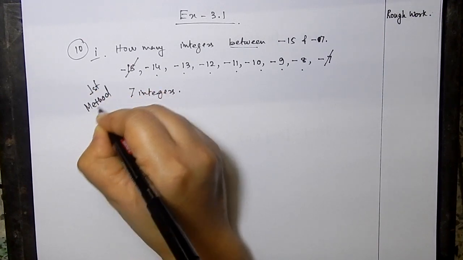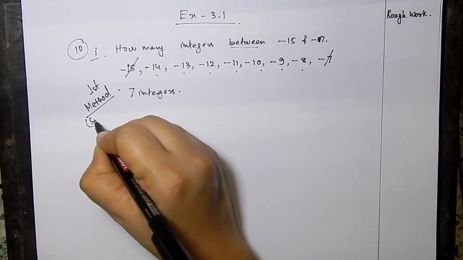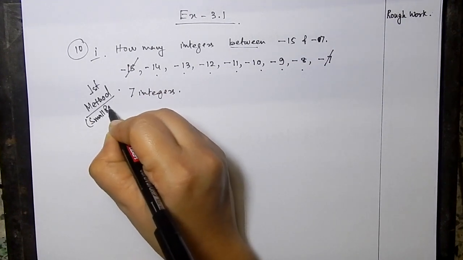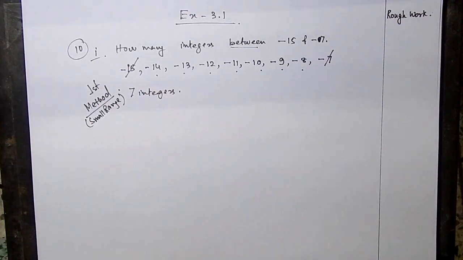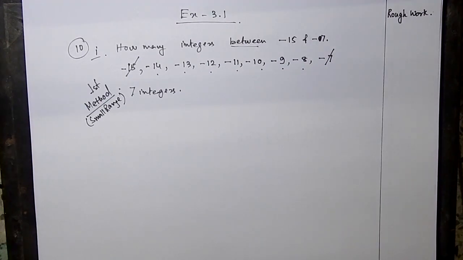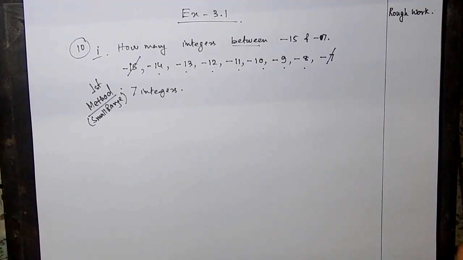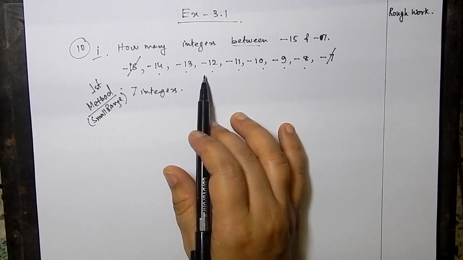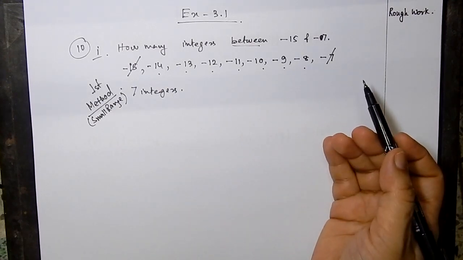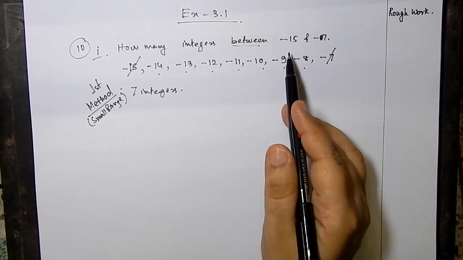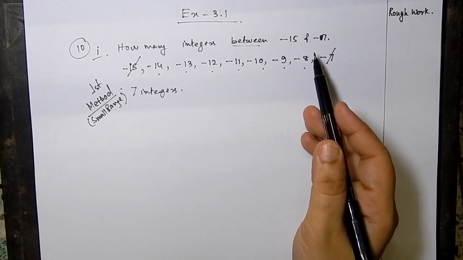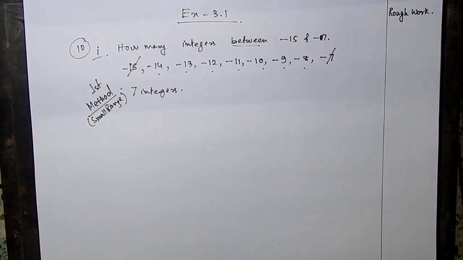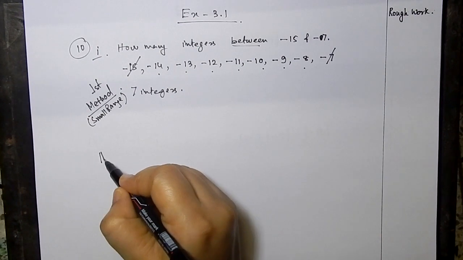Now this method is applicable only for a small range of numbers. But when the range becomes huge, then it is very difficult to do it manually or draw it on a number line. Then we have to do the subtraction method in order to find out. Let me give an example which is not there in the book.